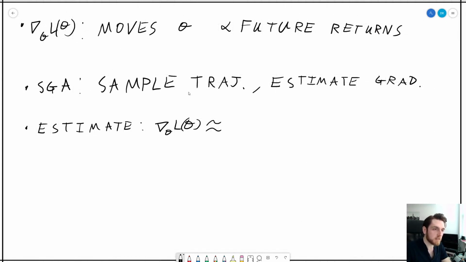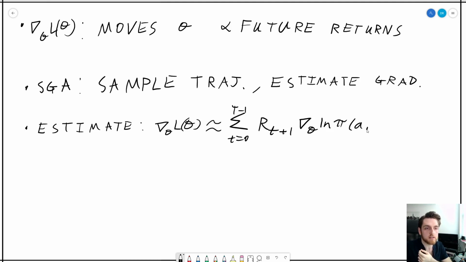This will then just be, for each trajectory, the sum over time steps of the returns, with subscript t plus 1, and the gradient of each action that happened along that trajectory.